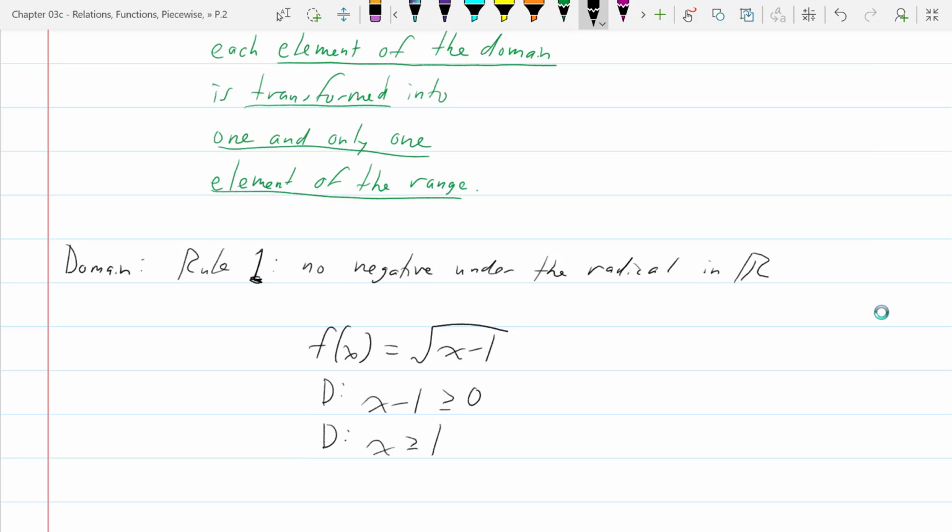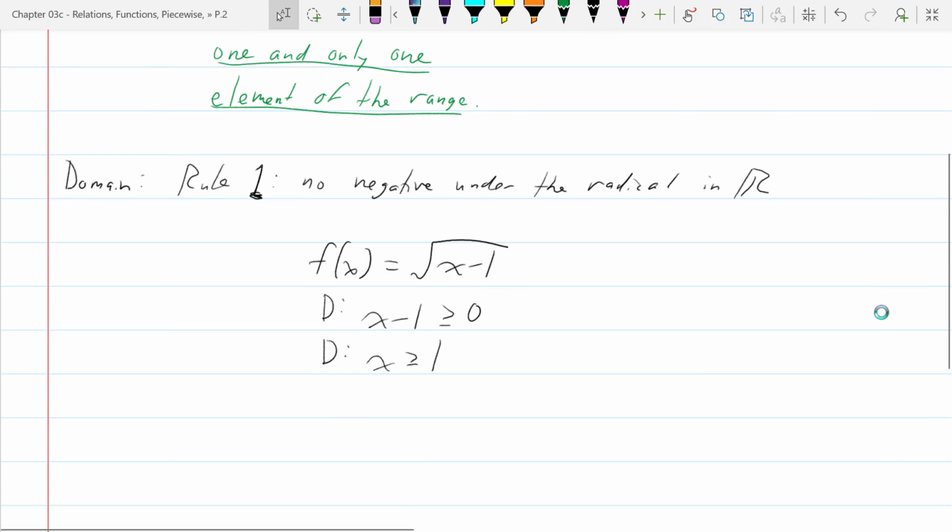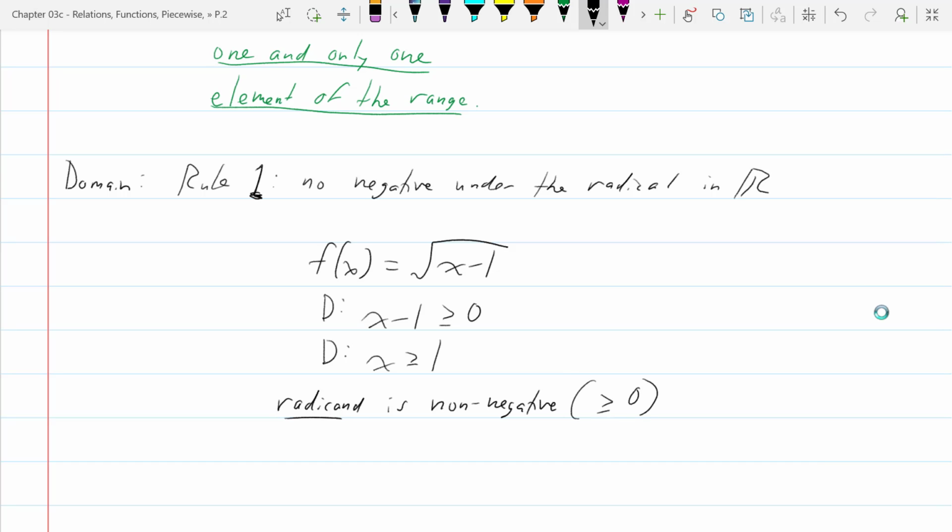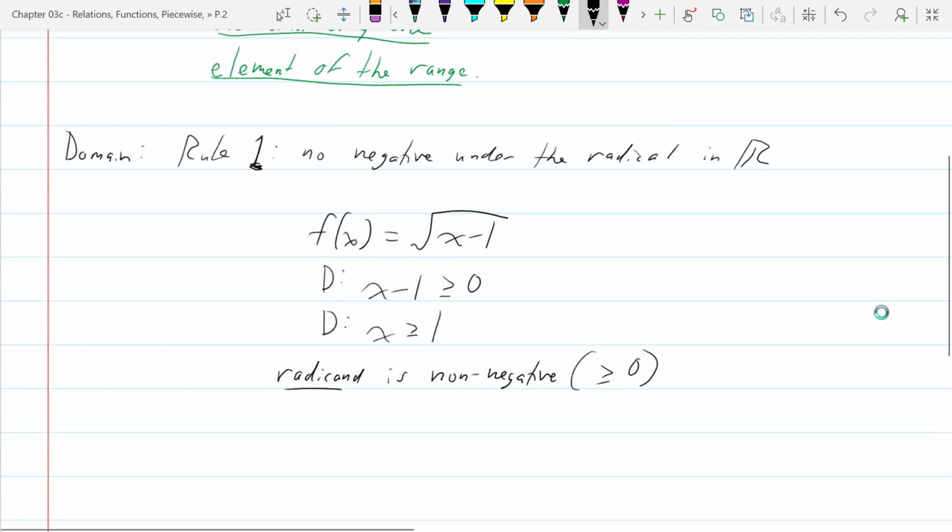So rule number 1 is no negative underneath the radical in real numbers. Another way of saying this is that the radicand, which means the thing underneath the radical, is non-negative, which means greater than or equal to 0. So that idea is going to come back much later.